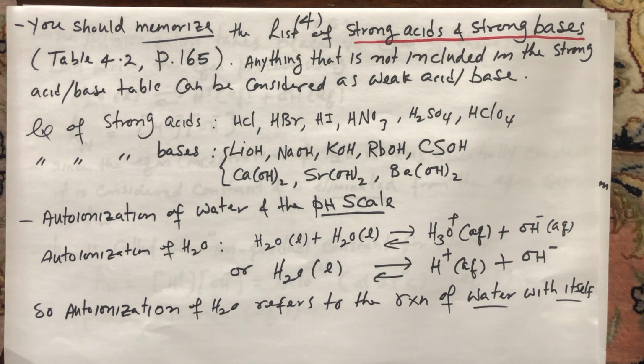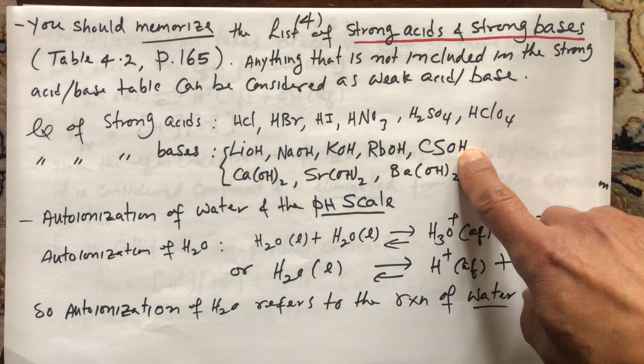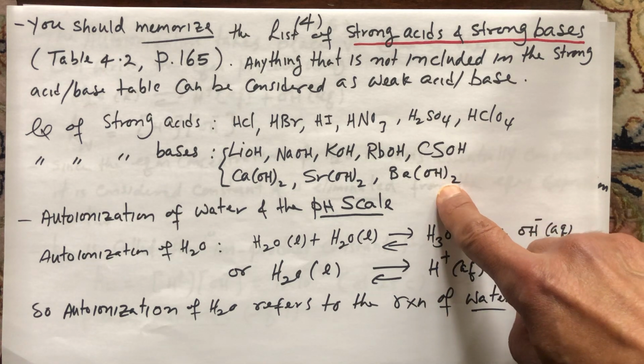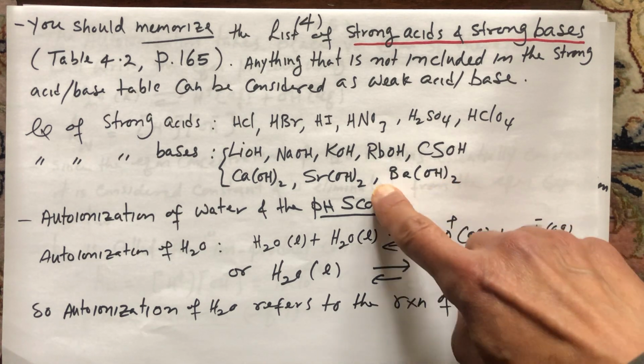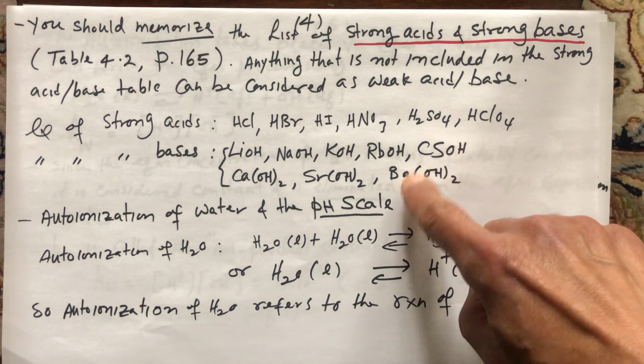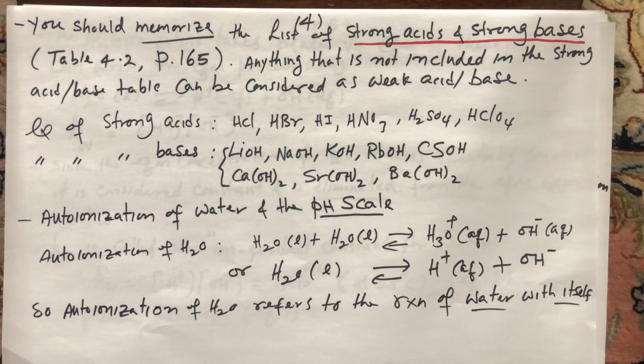So as you can see, the first row refers to the group 1A metal hydroxides, and the second row refers to the group 2A metal hydroxides. So as you can see, some of the group 1A and group 2A metal hydroxides are considered to be strong bases.